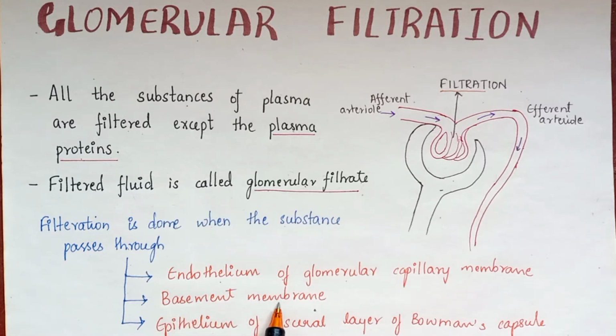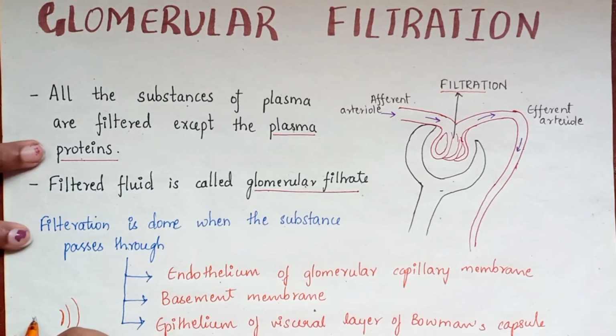The second one is the basement membrane and the third one is the epithelium of the visceral layer of Bowman's capsule. It should pass through the capillary membrane, through the basement membrane and then to the Bowman's capsule. So once the blood crosses all these layers, it is known to be filtered. As you can see, it has to pass through all the 3 layers.